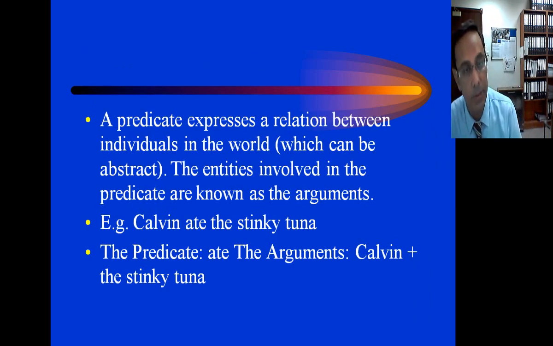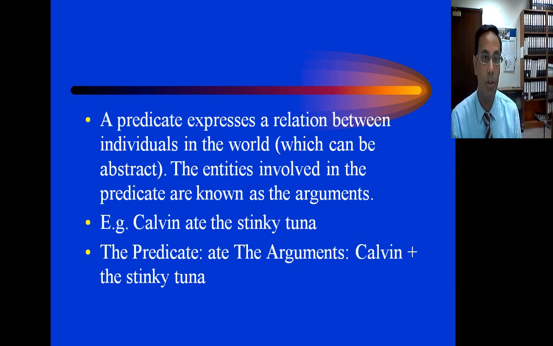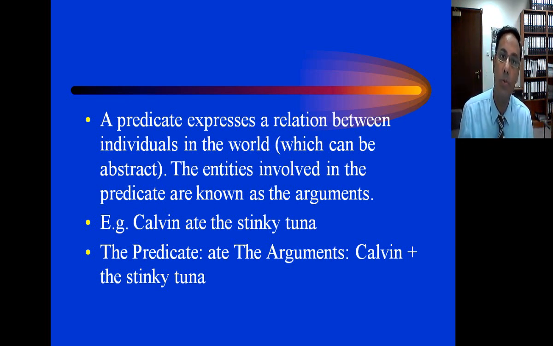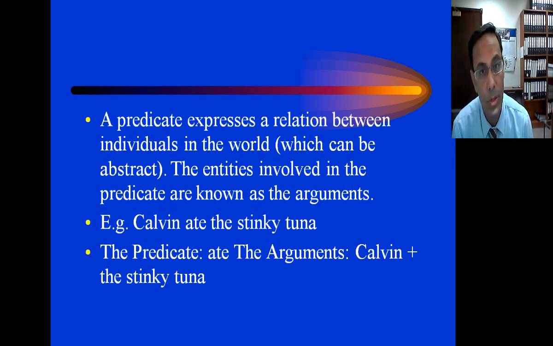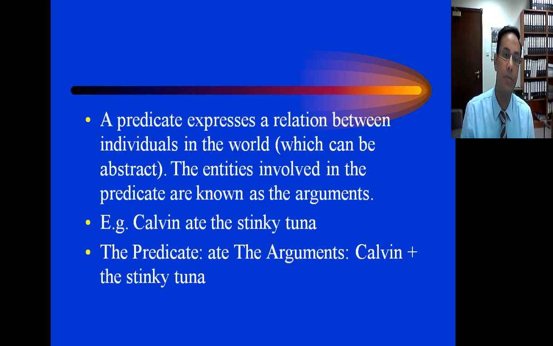A predicate is the verb and what comes after it, the verb phrase. A predicate expresses the relation between individuals in the world, which can be abstract. The entities involved in the predicate are known as arguments.